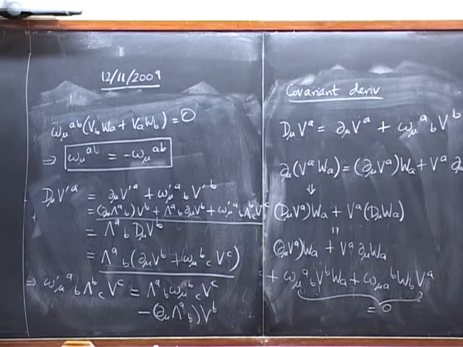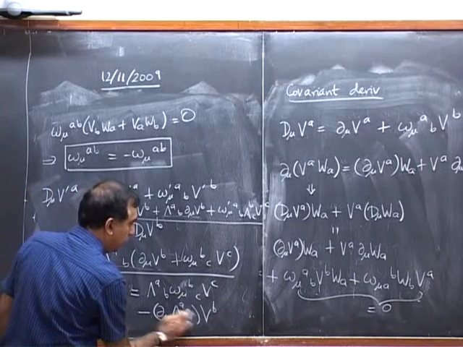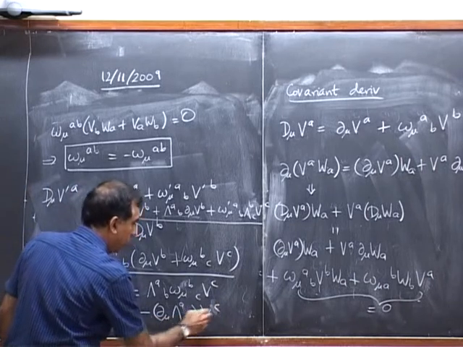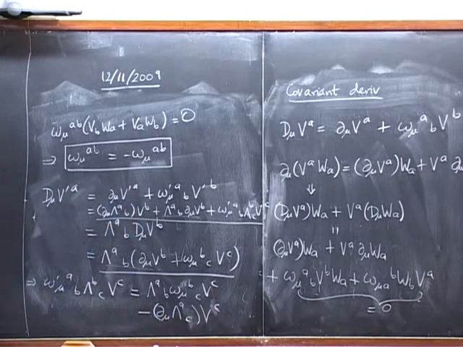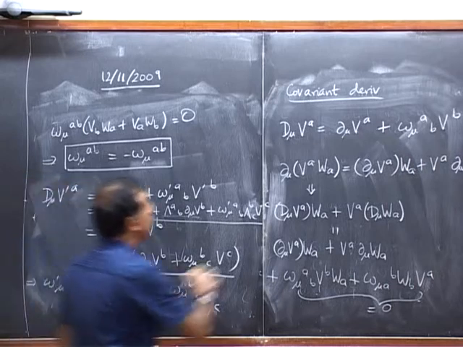Now we can drop V because V is an arbitrary vector. As long as we relabel all the indices in such a way that the index of V is common, we can drop it. So let's just rename this V as C. Now we can drop V^C from this whole equation.